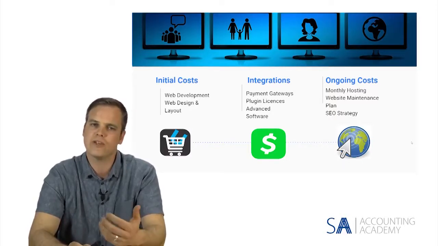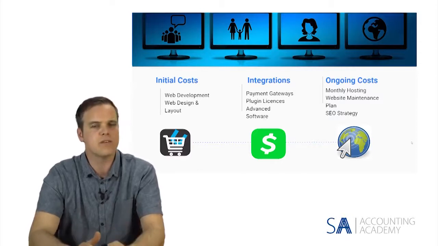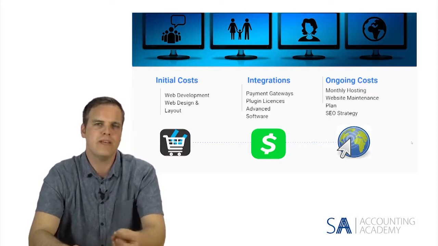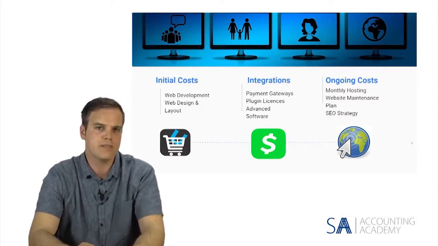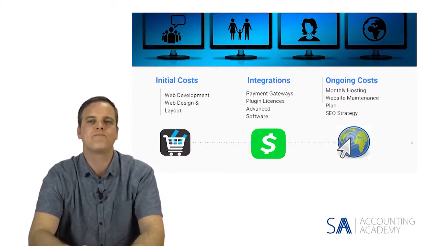For example, you might have a Shopify or a commerce gateway for a website, whether it be for accountancy or if you're selling training products or accountancy software. There are different plugins that you may need to license on a monthly basis, and that's also worth factoring into your website costs.